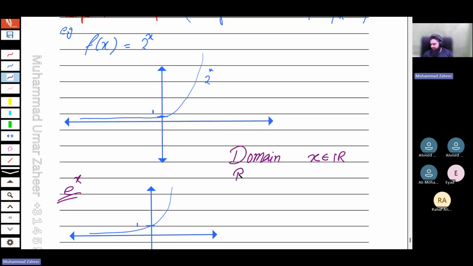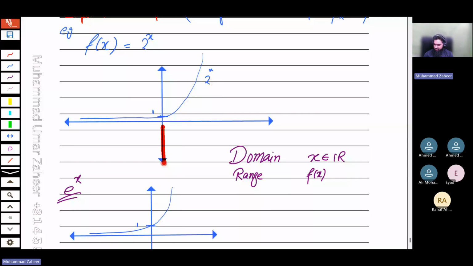What is the range of this function? Yes, range means y-axis values. f of x is greater than 0. Because you are not going to get any negative y values.